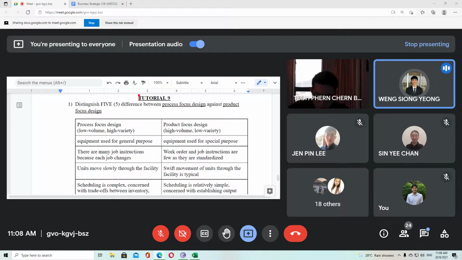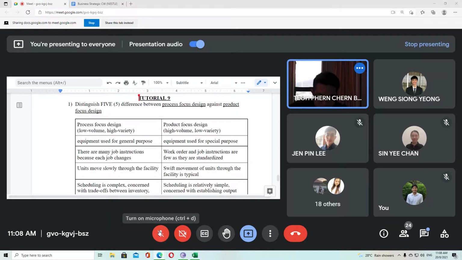Low volume. Oh, wait, let me think of one example. Low volume. Anybody want to help your friend? Cake shop. Cake shop, okay, can. Bakeries, cake shop. Then product focus would be Apple lah. You can say Apple if you want.